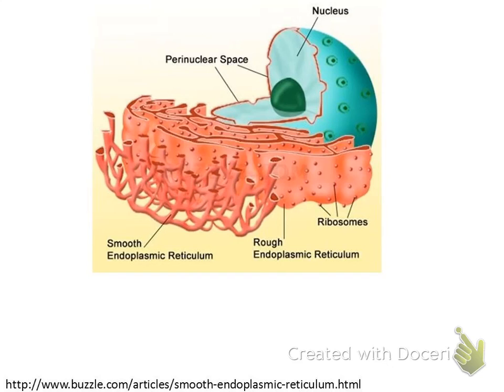So I want you to picture the ER as a bunch of interconnected flattened sacs and tubes. Much like the tunnels in an anthill, all of these passageways and open spaces inside the flattened sacs and tubes are interconnected, and the interior space is called the lumen of the ER.